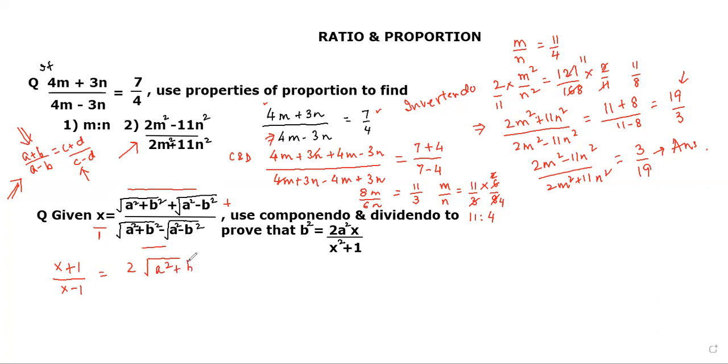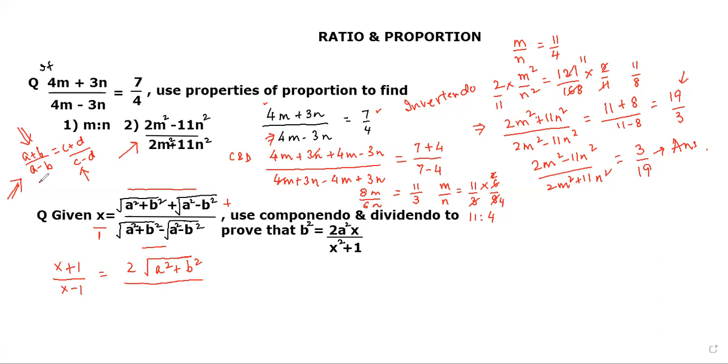I will explain, I have just skipped one step. If I add numerator with the denominator, plus root a square minus b square minus root a square minus b square gets cancelled. And I get root of a square plus b square plus root of a square plus b square, which is 2 times of square root of a square plus b square.